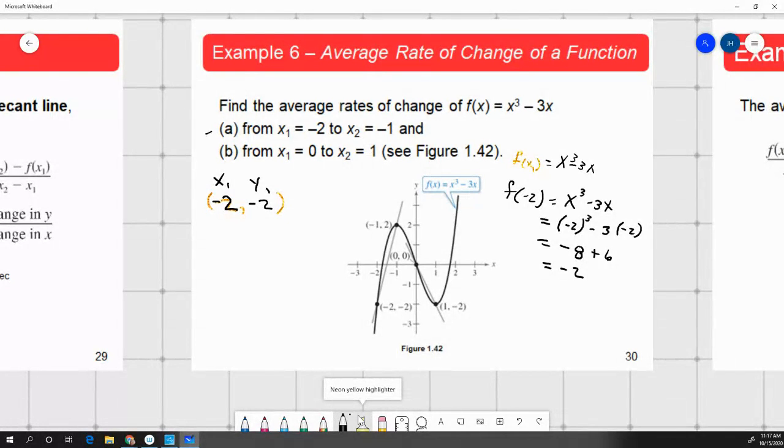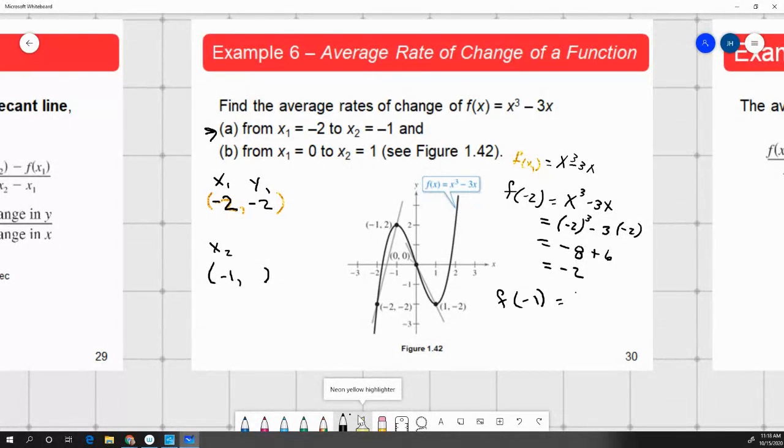Remember, we're doing A here. So I have to do the same thing for the x2 value. So my x2 value is -1. We need to figure out what the y value is going to be, the f of x2. And we're going to do the same thing. We're going to take f of -1, because that's what we're inputting, right?